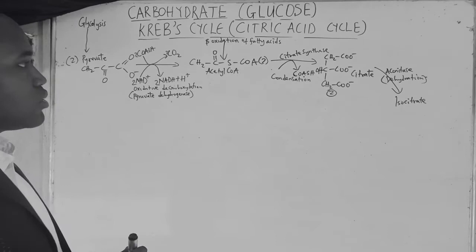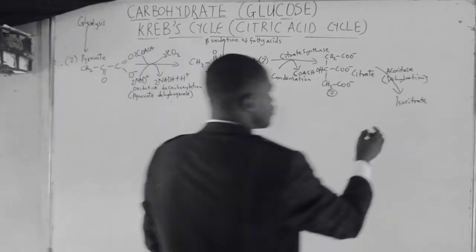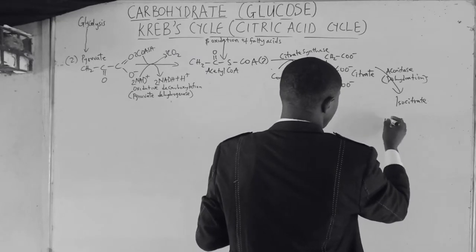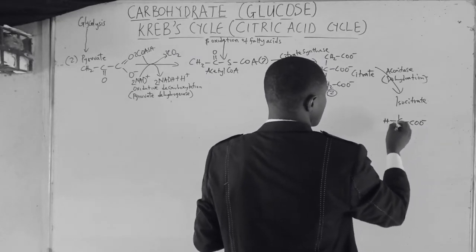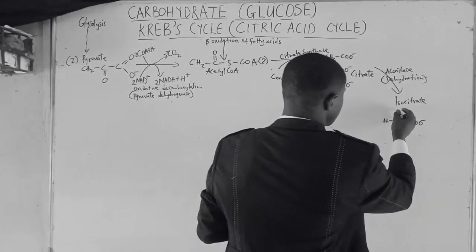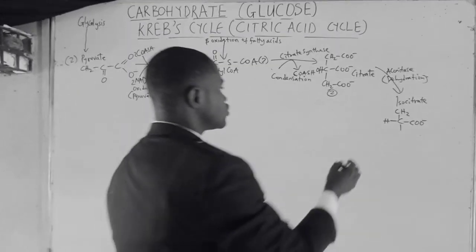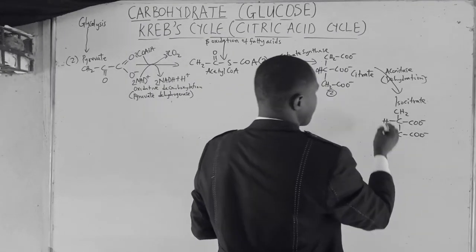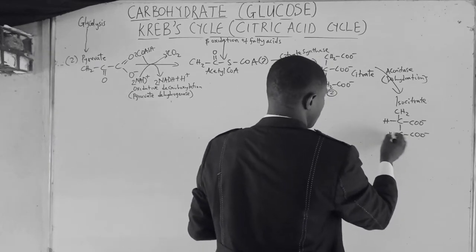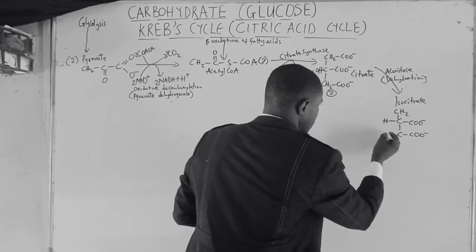So what is the structure of isocitrate? You have it to be, we put CH2 here, then we also put this is hydroxyl.